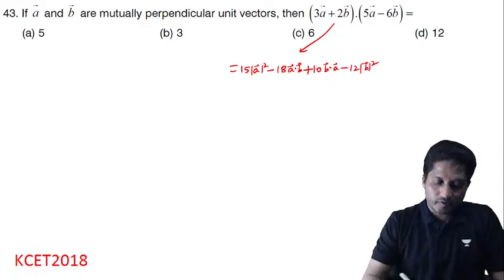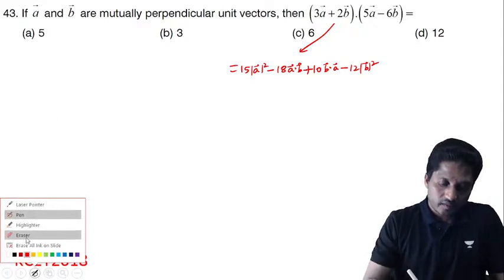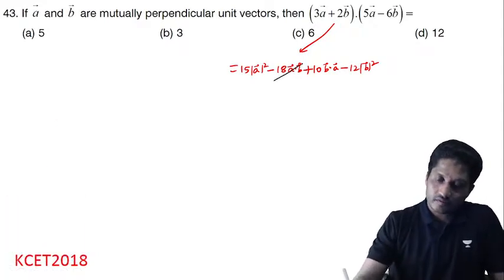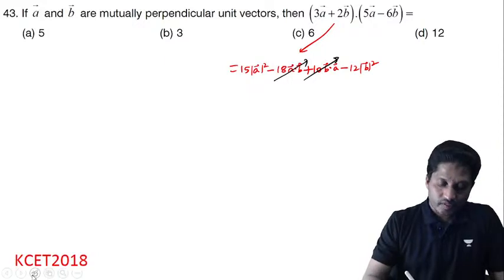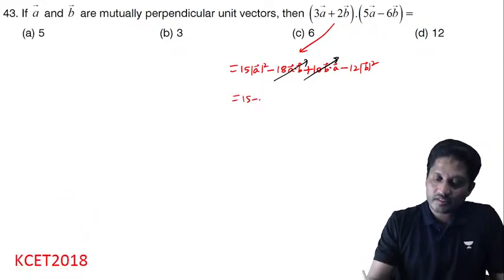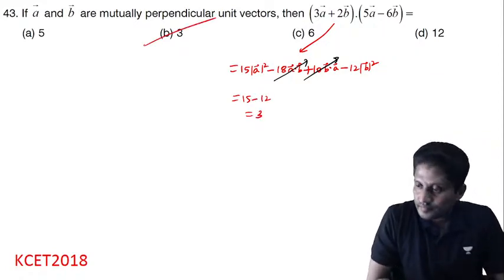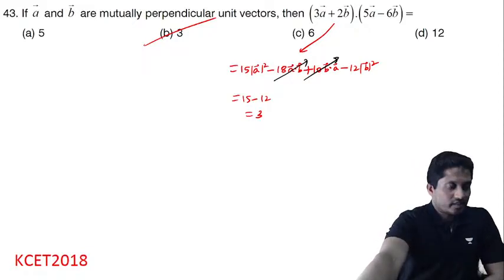Given in the question, they are mutually perpendicular vectors. Therefore, a dot b is 0. This is 0. This is 0. A and B are unit vectors, right? So this is equal to 15 minus 12 equal to plus 3. Answer is option B.